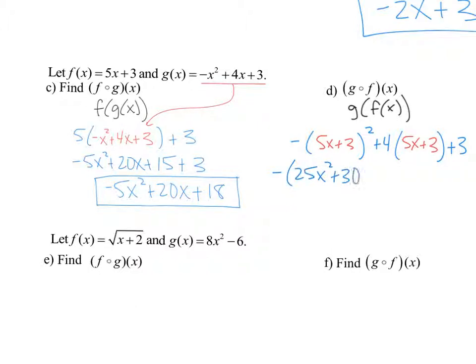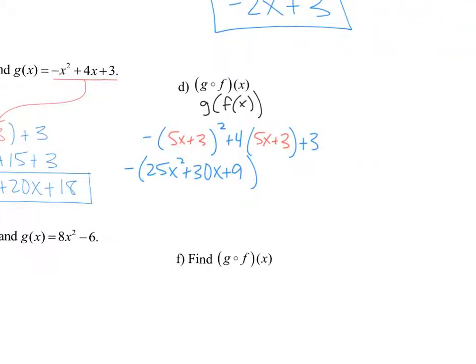So when we FOIL, we get 30x. When I distribute my 4, make sure I FOILed that right, 25, 30 times 2, and 9. So distribute my negative sign now, and then I'll combine like terms.